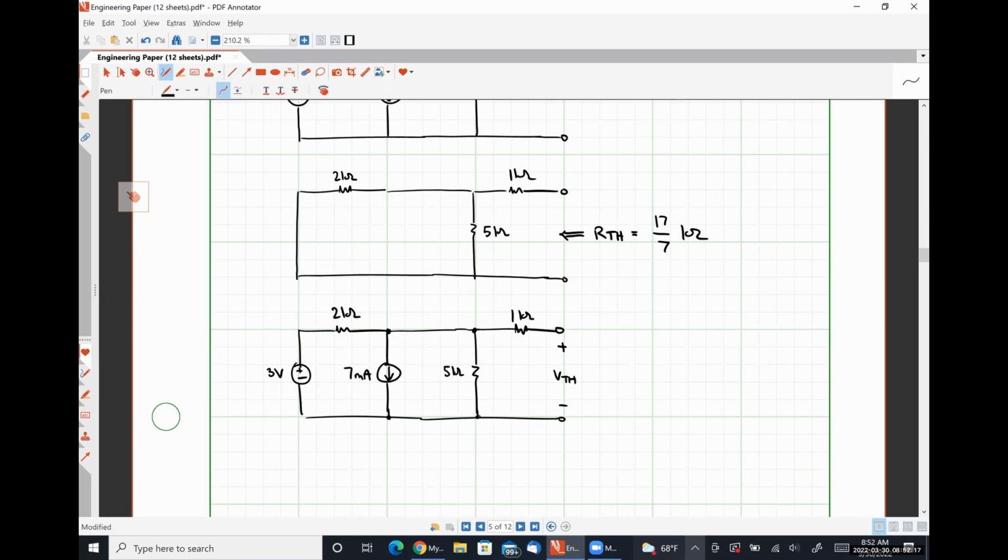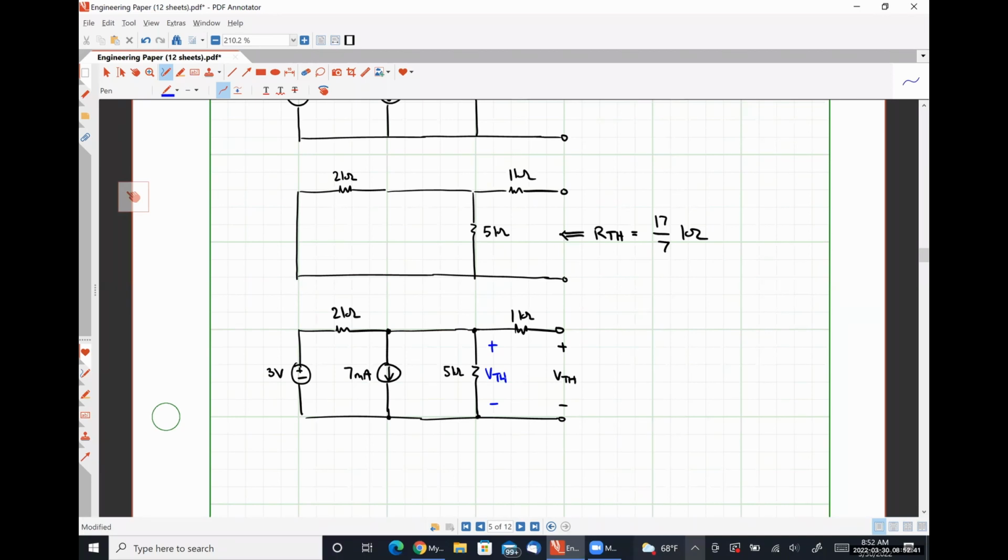Here explicitly, what's the voltage drop over the 1 kilo ohm resistor? 0, because there's no current flowing through it, which means the Thevenin voltage is the voltage drop directly over the 5 kilo ohm resistor. Are we okay with that?